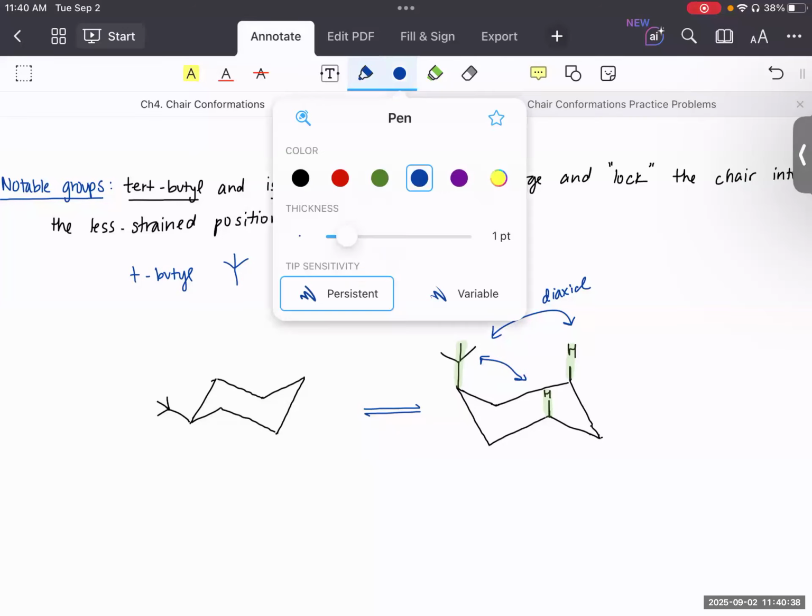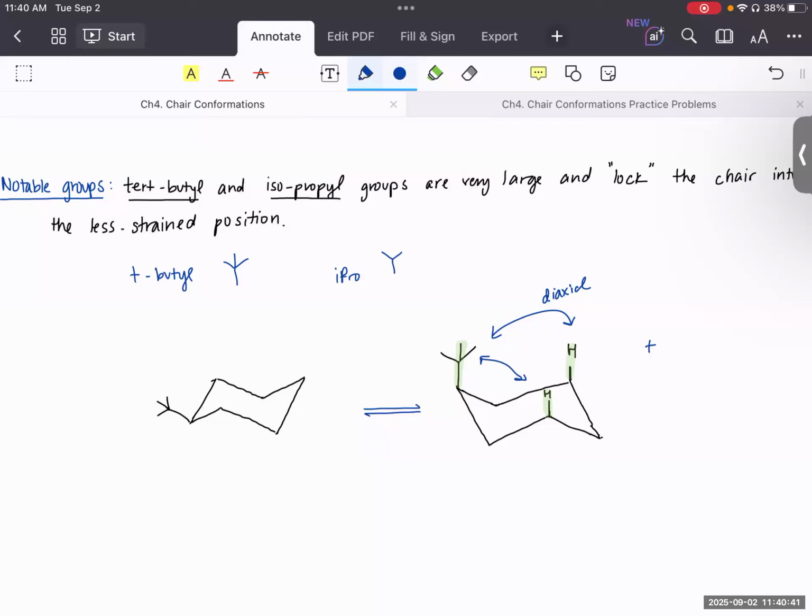And tert-butyl H interactions are so destabilizing that they lock the chair into the other conformer to avoid those interactions.